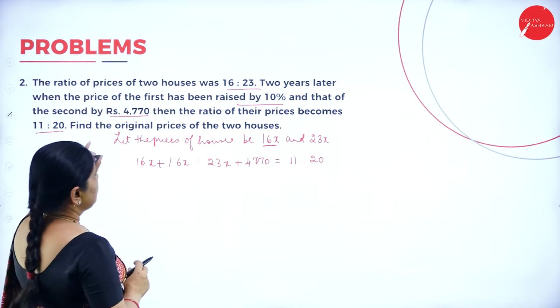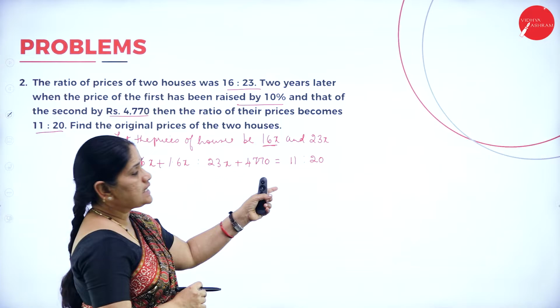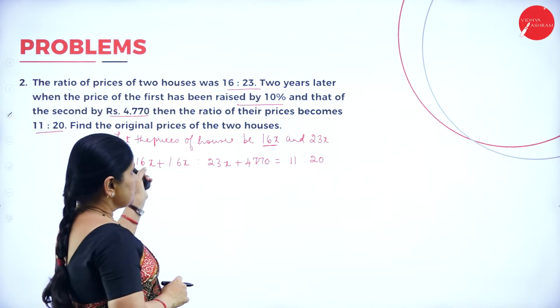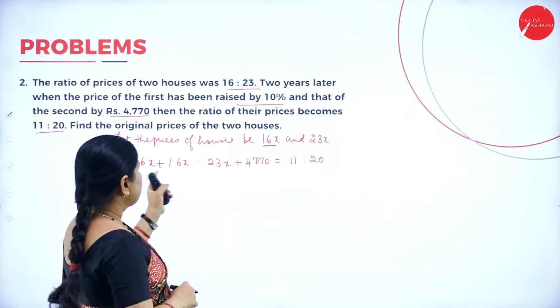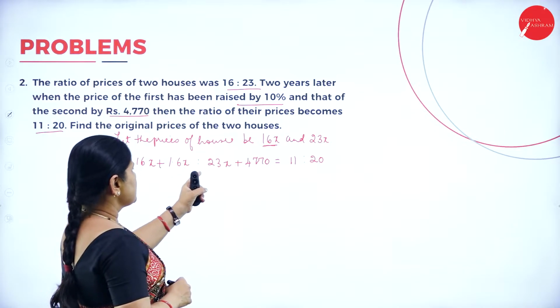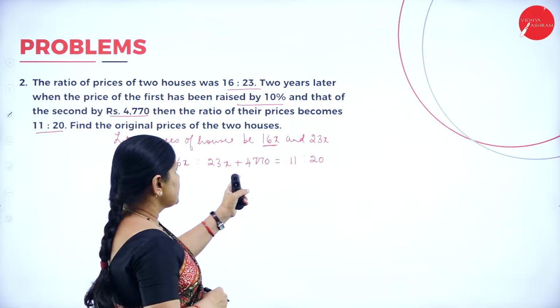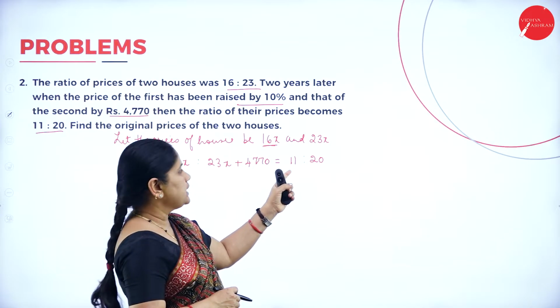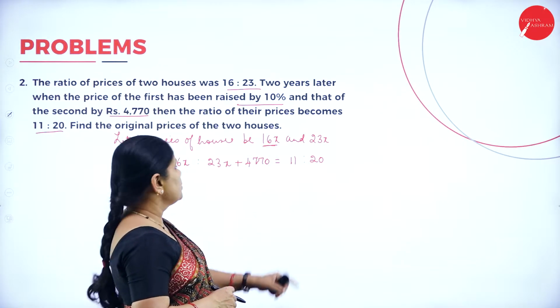In this problem, let the prices of the houses be 16x and 23x. Going by what is given, I got the equation as 16x plus 1.6x is to 23x plus 4,770 equals 11:20.